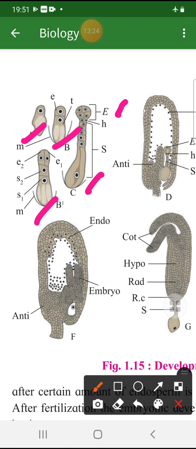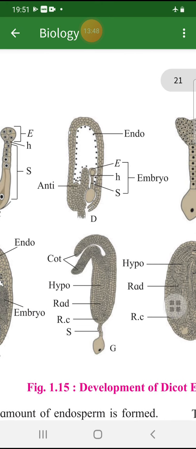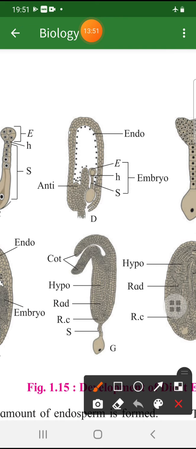E means the embryo, H means ये वाला जो cell जो embryo को touch कर रहा है suspensor का सबसे lowest cell, उसको बोलते हैं hypophysis. Then we have suspensor cell जो नीचे पूरा है. अब इसी structure को हमने endosperm के साथ यहाँ पे दिखाया है, right? This is showing the antipodal tissues here, and this is embryo, hypophysis, then suspensor cell.